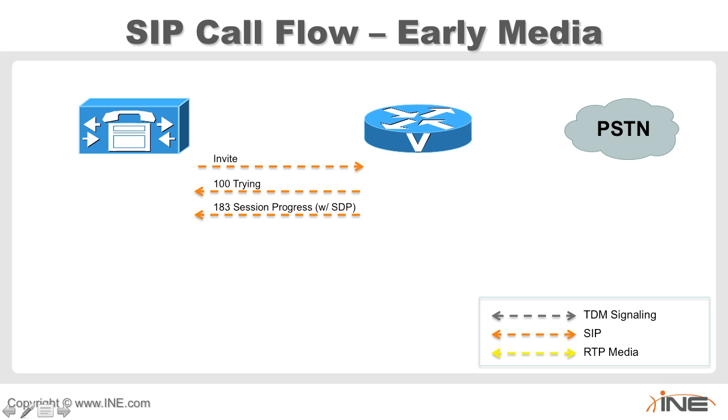CUCM is not configured to support early media by default. However, we can support it. What we have to do is we can do it globally in CUCM service parameters, the Cisco CallManager service parameters. And this is known as a PRACK, a provisional acknowledgement. And here's the reason.